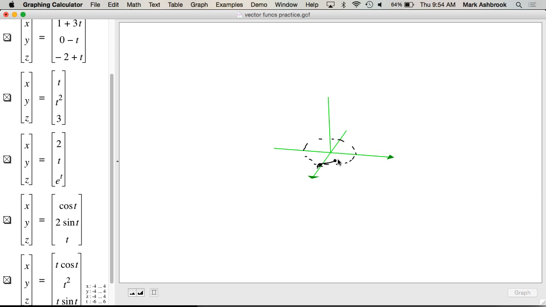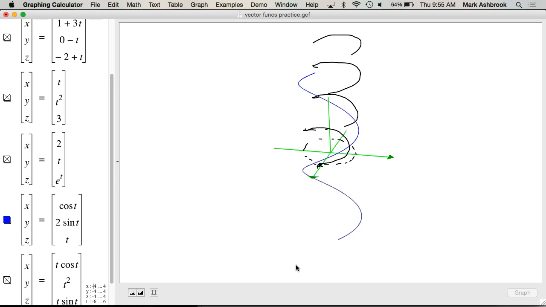So it's going to do something like this. So it's an elliptical spiral that goes up on the z-axis.